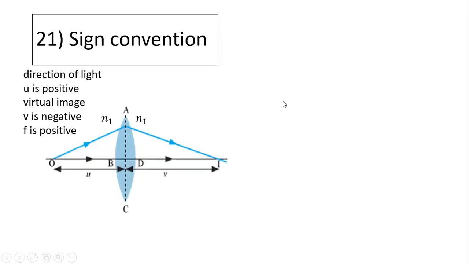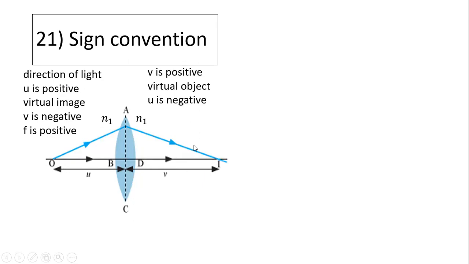Right, the sign convention. For a convex lens, we are just using real is positive. If the light ray is coming from here, then U is positive. V and F are positive. If V is on this side, V will be negative; if V is on the right-hand side, V will be positive.